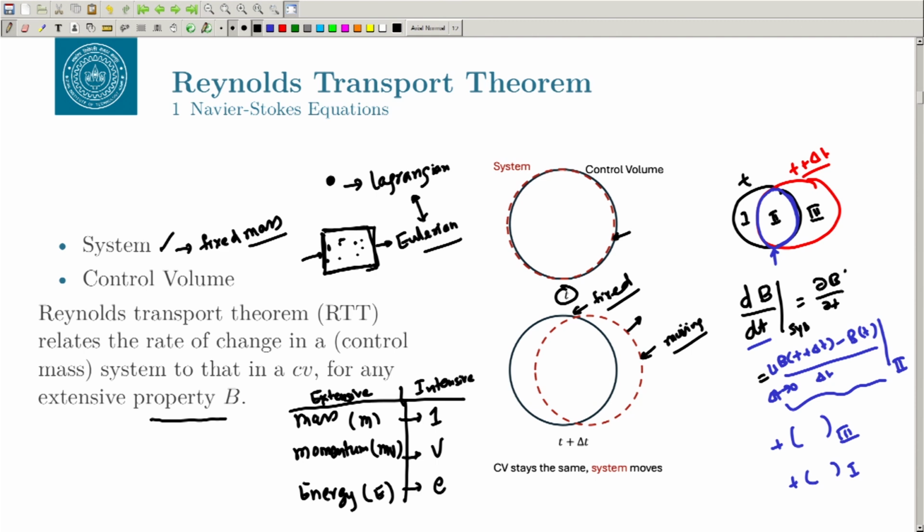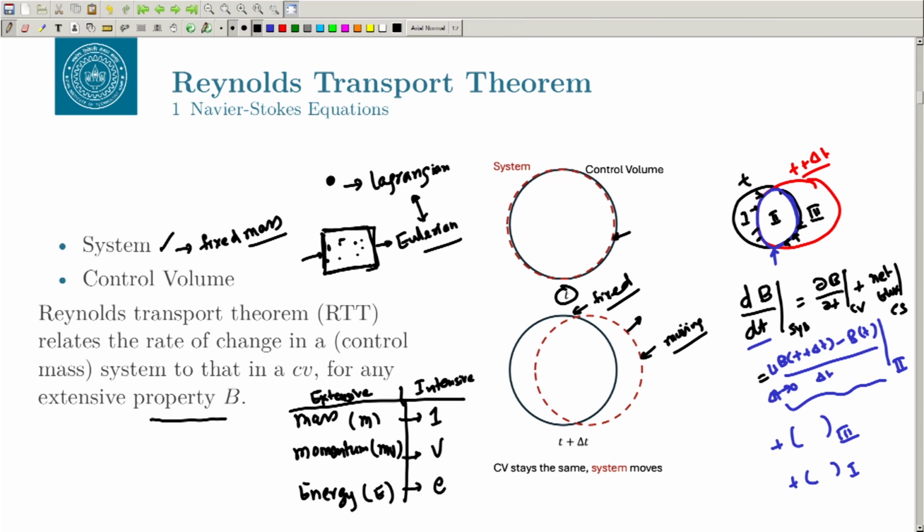Remember, this is dB by dt, because now the system is moving. Whatever changes are happening due to the movement are captured here by d by dt, there is no partial derivative, but when it comes to the control volume, you will have delta B by delta t, which is the rate of change of the quantity B, plus you will have changes in 3 and 2. That is the net flux, and that will be through the surface. You can call it the control surface. So, these boundaries are the control surfaces, and whatever you see, these are the control surfaces.